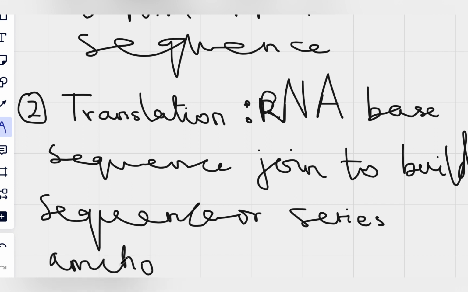Okay, this is not H, this is N. Amino acid, a series of amino acids, to form a sequence of protein, or series of protein.